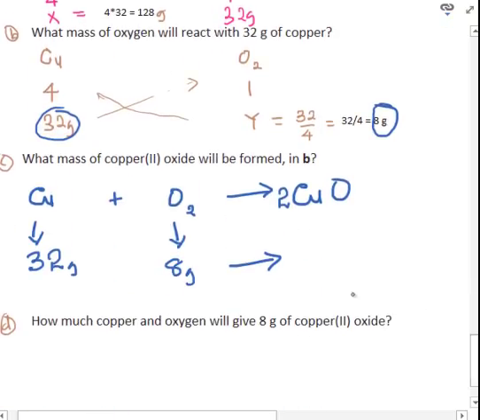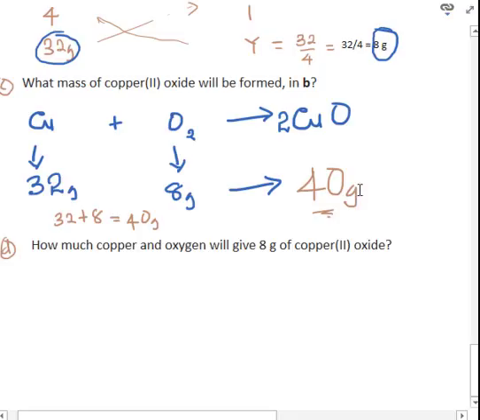The total mass of reactant is equal to 32 plus 8, which is what? That should be 40, right? 40 grams. So without doing any calculation here, the mass of copper 2 oxide formed will be 40 grams. So we're using the second law now.